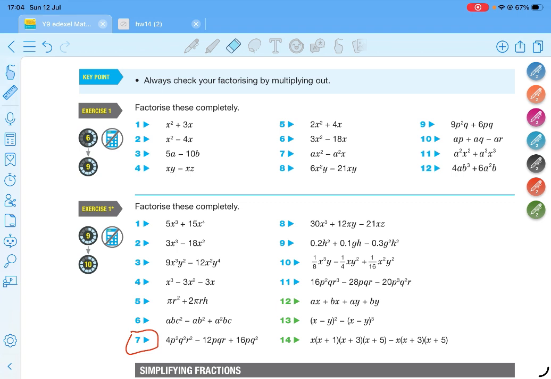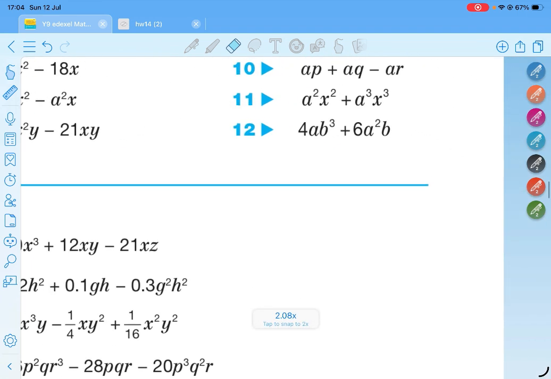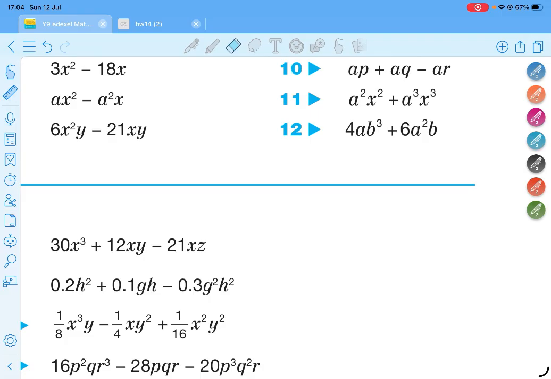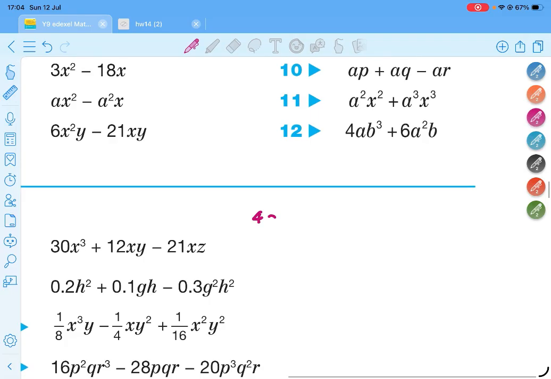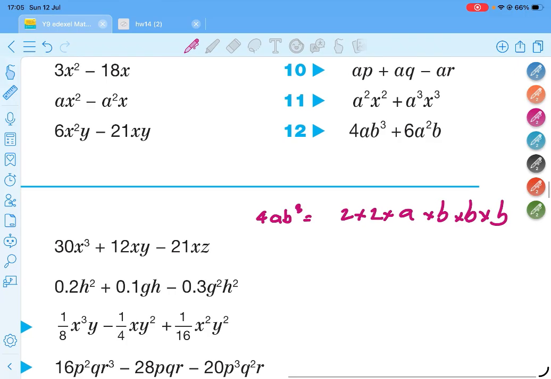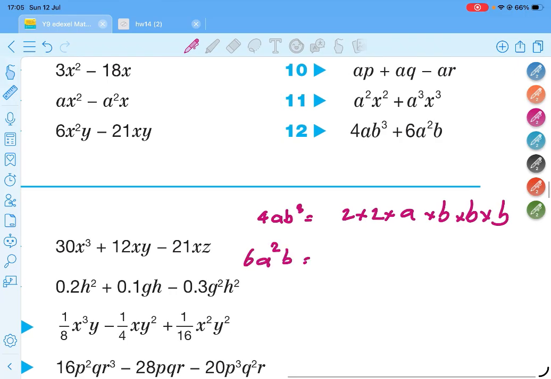Which one? 12, no? Four ab to the power 3 equals... common things.